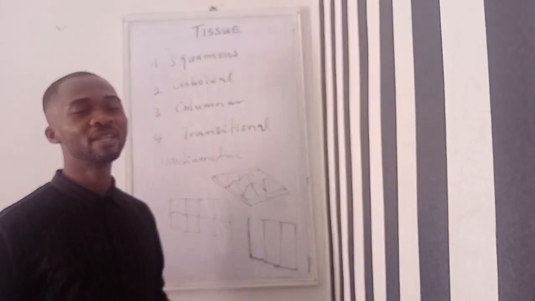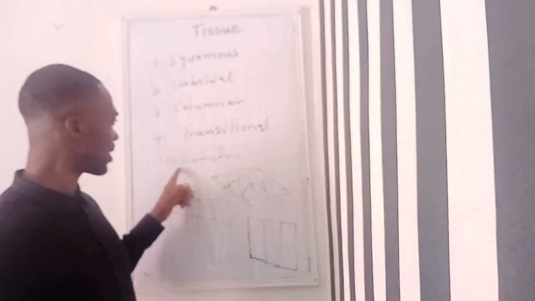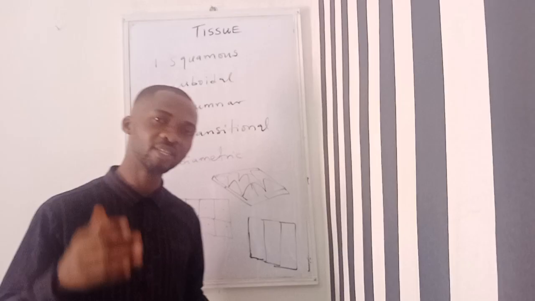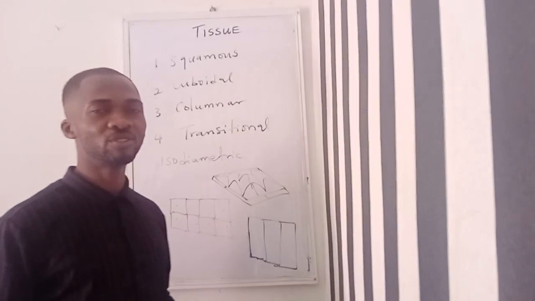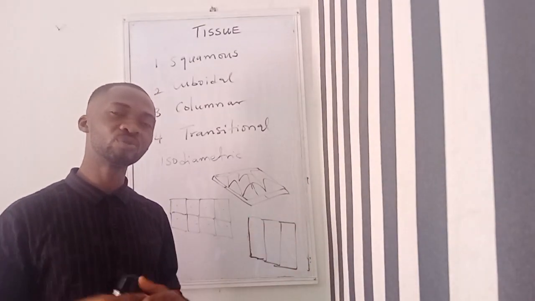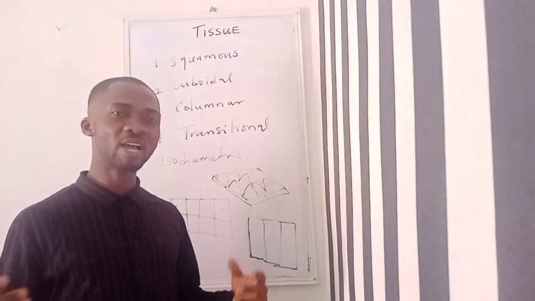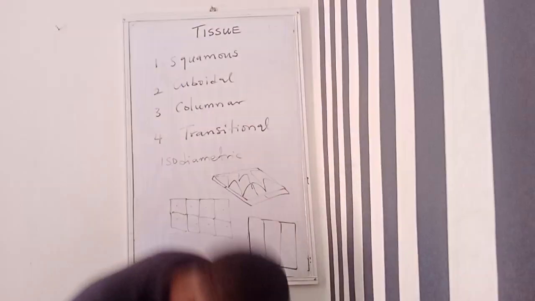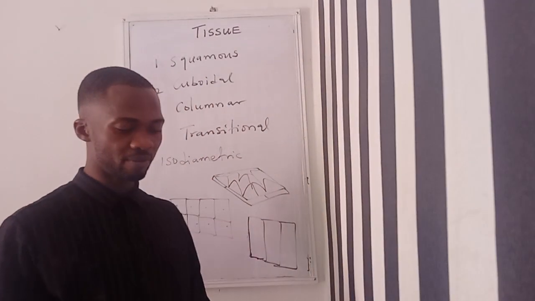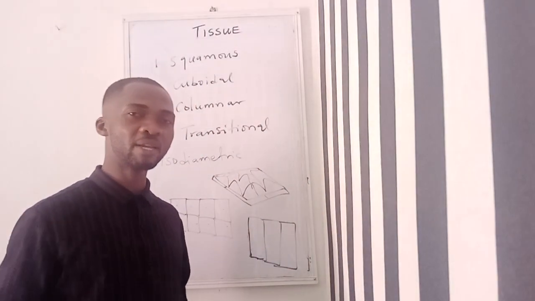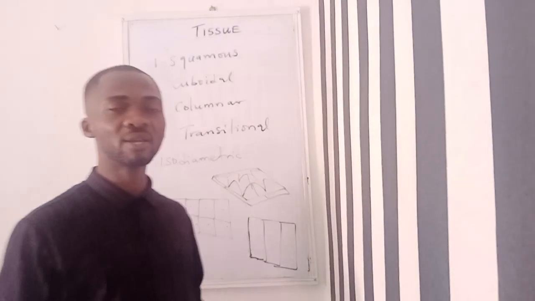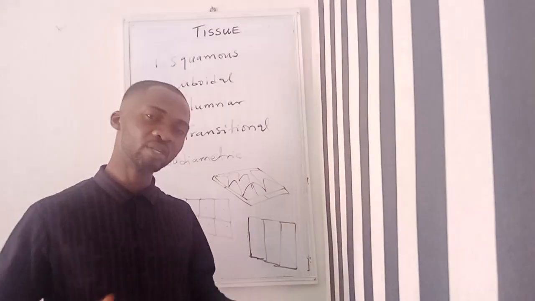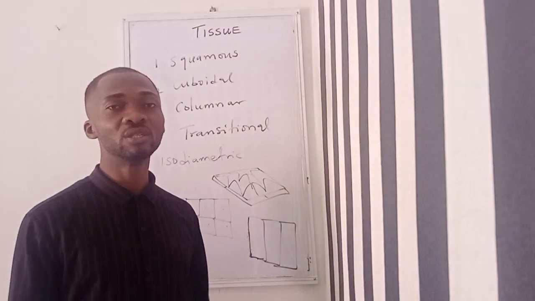Then the last one is the transitional epithelium. This is a type of epithelium that has the ability to be stretched and possibly return back to its normal position. For instance, if you look at the bladder, when the bladder has urine, it could be stretched, and when the urine is out, it returns back to the normal position.